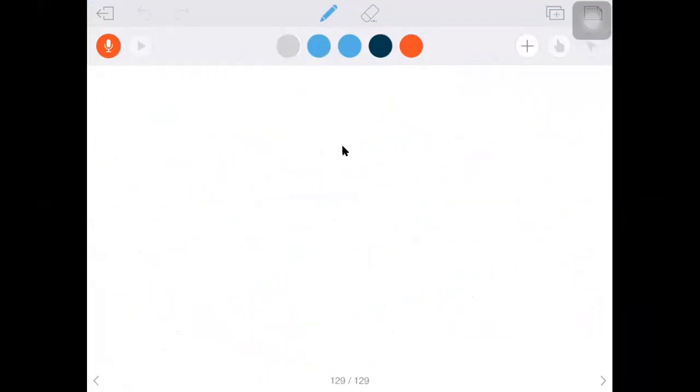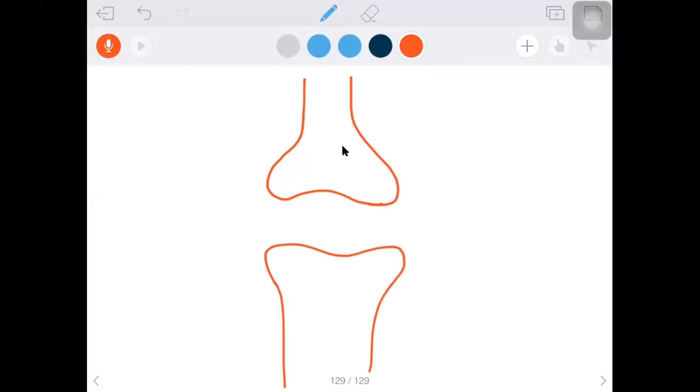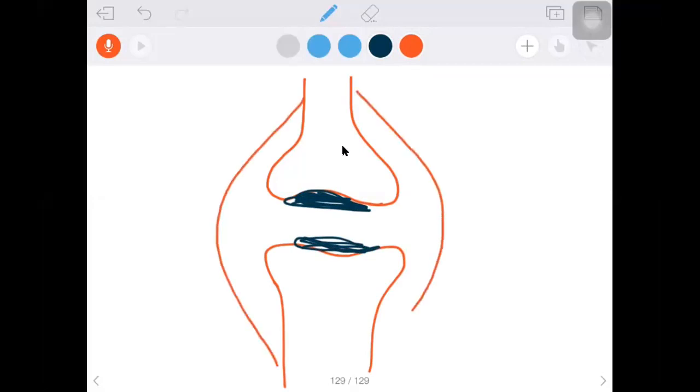I'll show you that this is one bone, and this is another bone. In front of the bone, there is articular cartilage, which is nothing but hyaline cartilage, and from the periosteum of one bone to the periosteum of the other bone, there is irregular dense fibrous connective tissue with more collagen fibers and fewer elastin fibers.